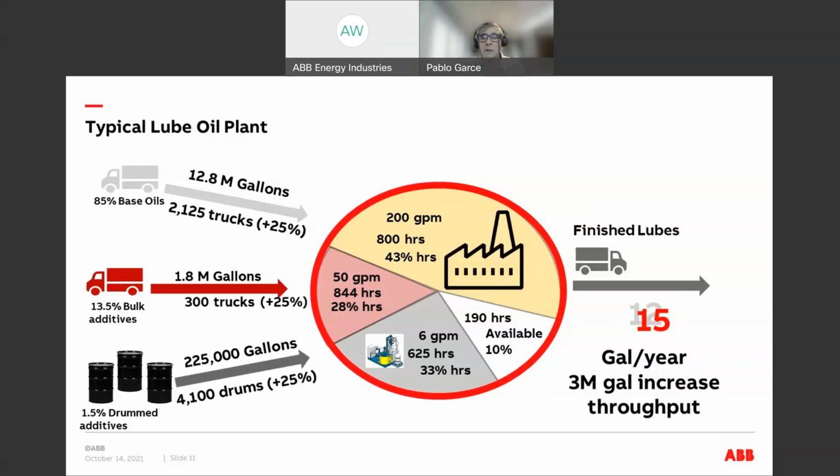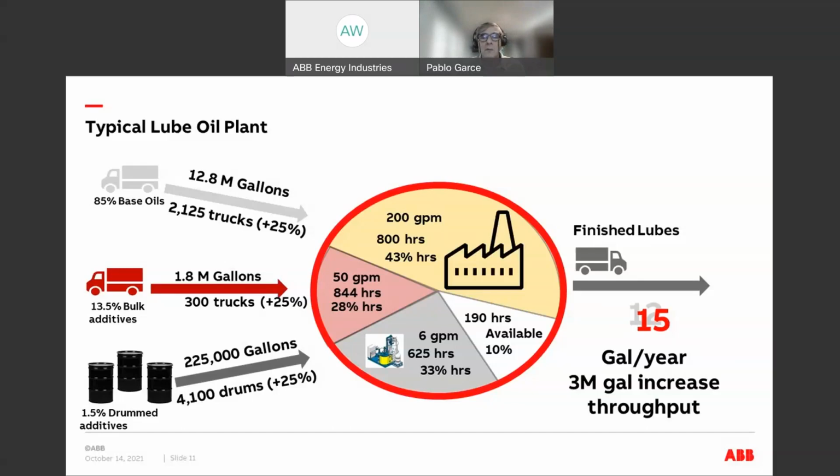Overall, what I'm saying is we can go from 12 to 15 million gallons, a 3 million gallon increase in throughput in the system, just because we have debottlenecked the main component that was pushing drum additives, because they're slow movers and the dosing makes them the bottleneck.